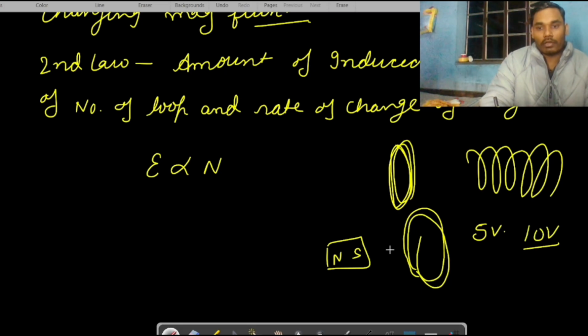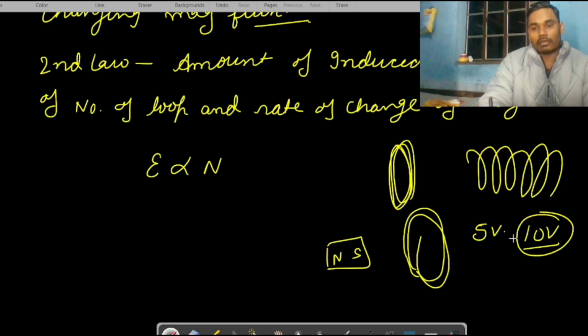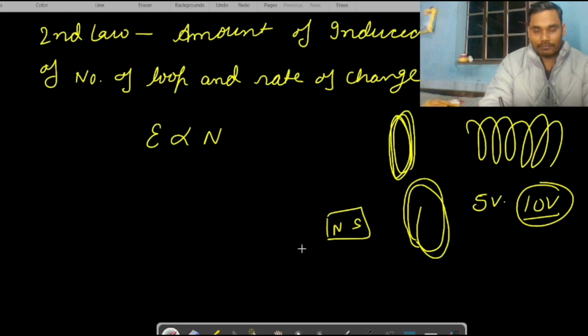So only when you increase your turns, you will get double or triple induced EMF. Here you can see that you are getting more and more EMF, which is actually proportional to energy. So you are getting more energy by increasing only turns.